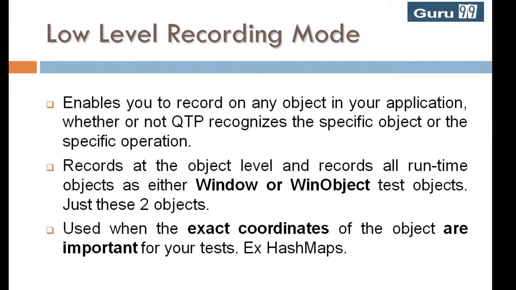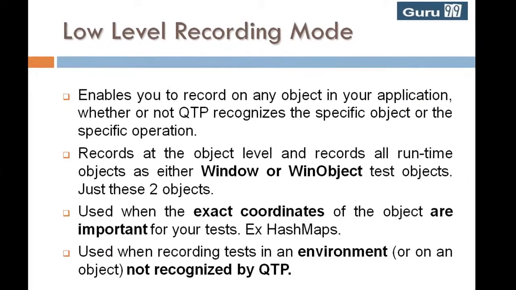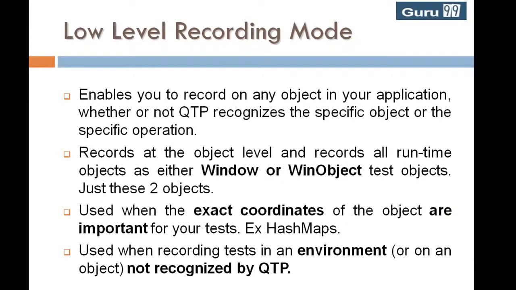It is used when exact coordinates of the object are important for your test, for example, hash maps where clicking different sections of a picture takes you to different links. It is also used when recording a test in an environment or on an object not recognized by QTP.